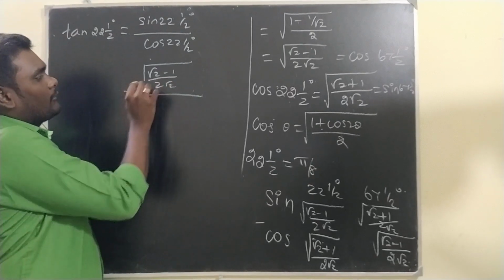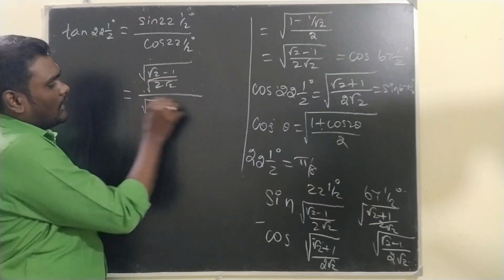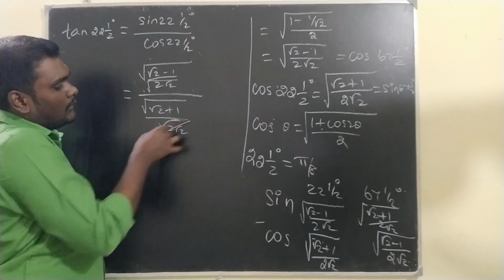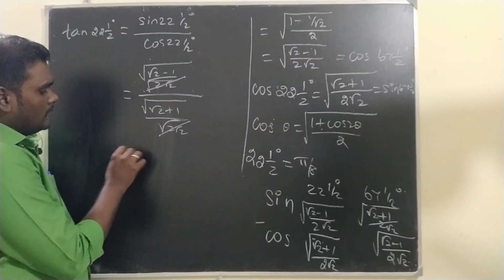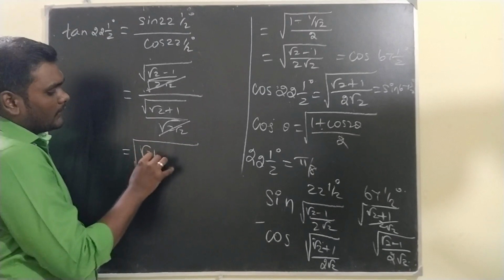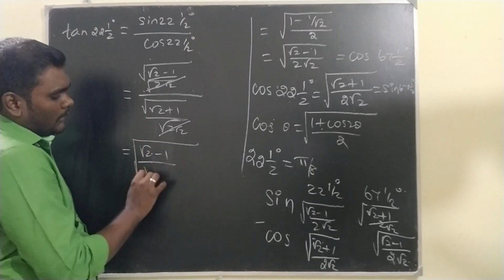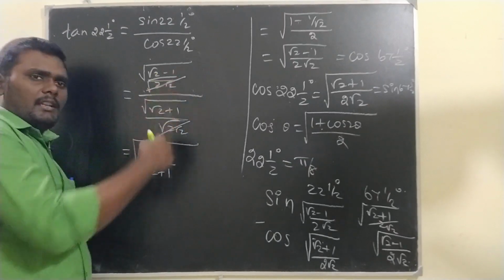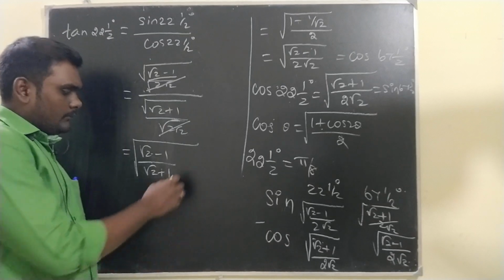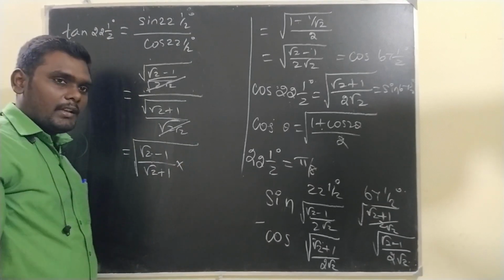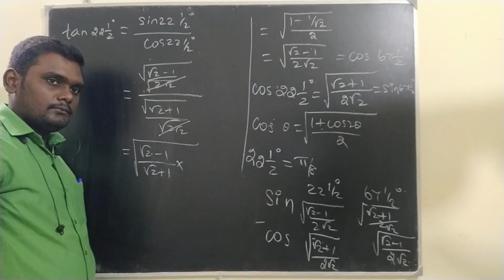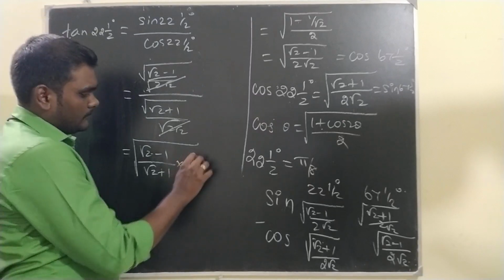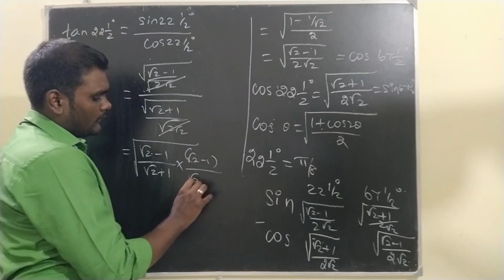Let me take separate square roots so that it will be easy to cancel. Here square root of root 2 plus 1 by 2 root 2. This 2 root 2 and that 2 root 2 will get cancelled. So finally you will have root 2 minus 1 divided by root 2 plus 1, inside the square root. Then we have to do conjugate multiplication: root 2 minus 1 here, root 2 minus 1 there.